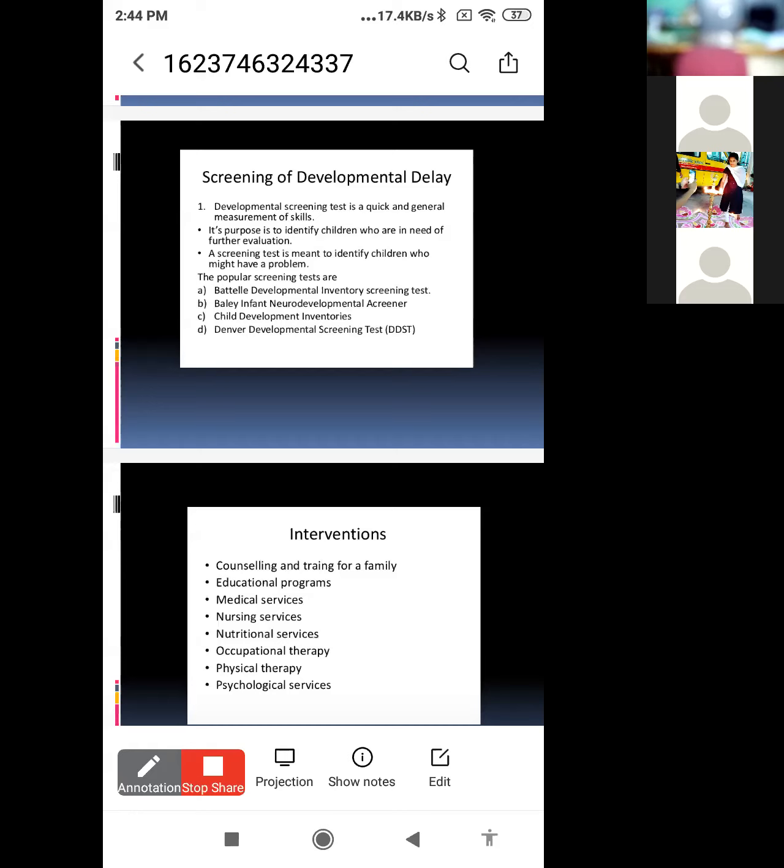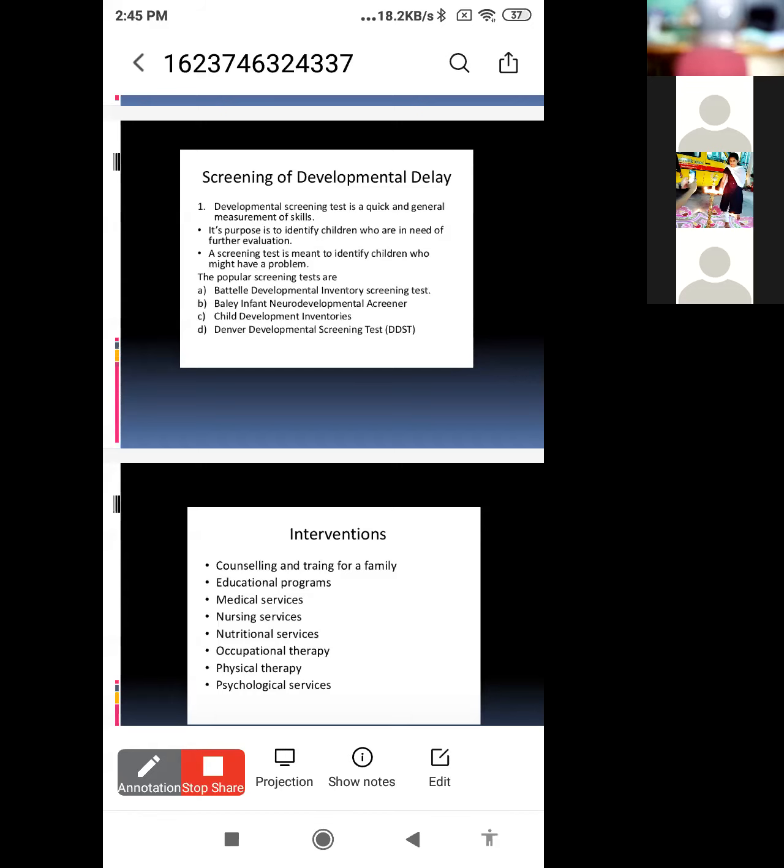The first one is the Bentley Developmental Inventory Screening Test. This screening test is for developmental delay. The Bentley Developmental Inventory is one of the types of assessment commonly used to determine the development of infants and children.